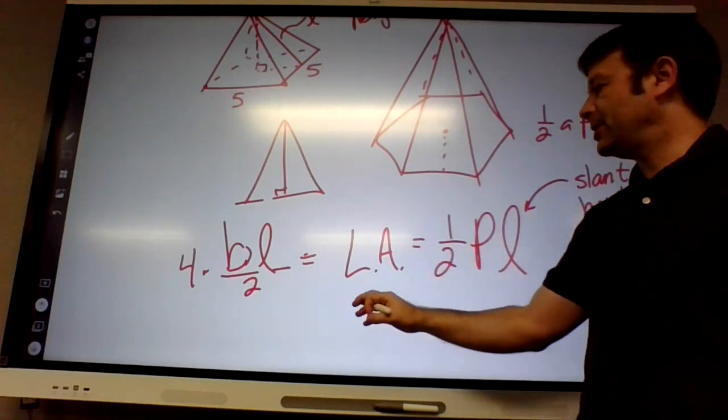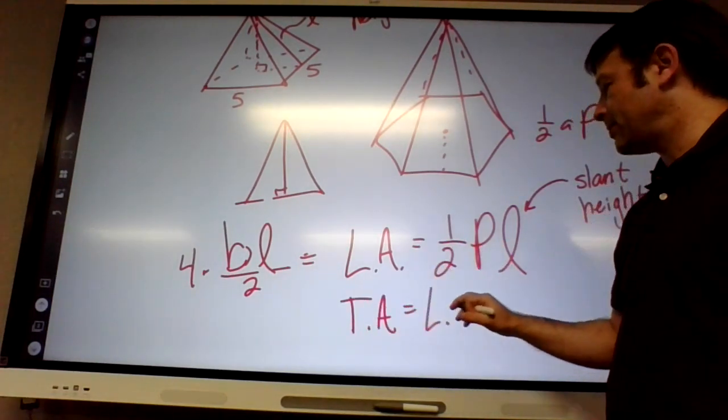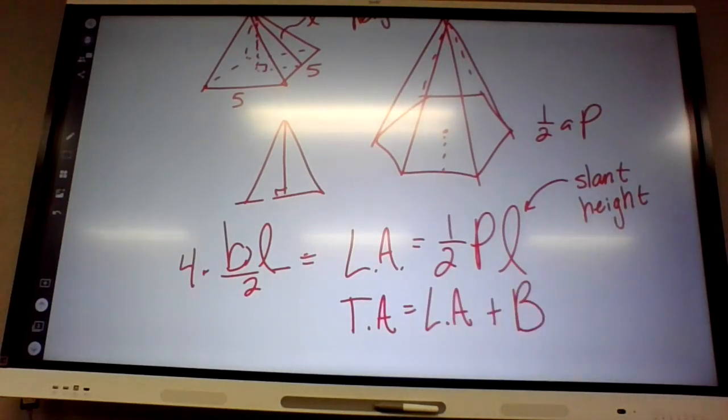So this is the lateral area. For the total surface area, you would need to do the lateral area plus the base area. Unlike prisms, pyramids only have one base. So we don't need to multiply the bases times 2.